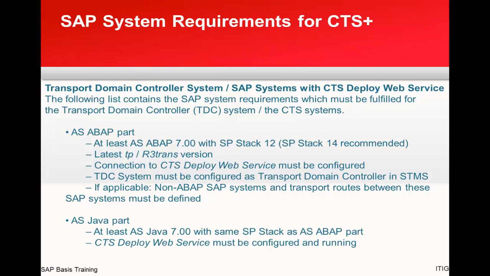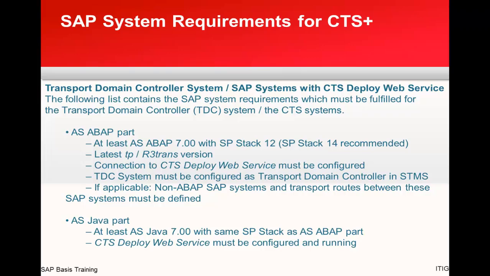Then you need to use the latest version of tp and R3trans. Then finally the connection to the CTS deploy web service must be configured. TDC, that is the transport domain system, must be configured as transport domain controller in STMS, and if applicable, non-ABAP SAP systems and transport routes between these SAP systems must be defined.